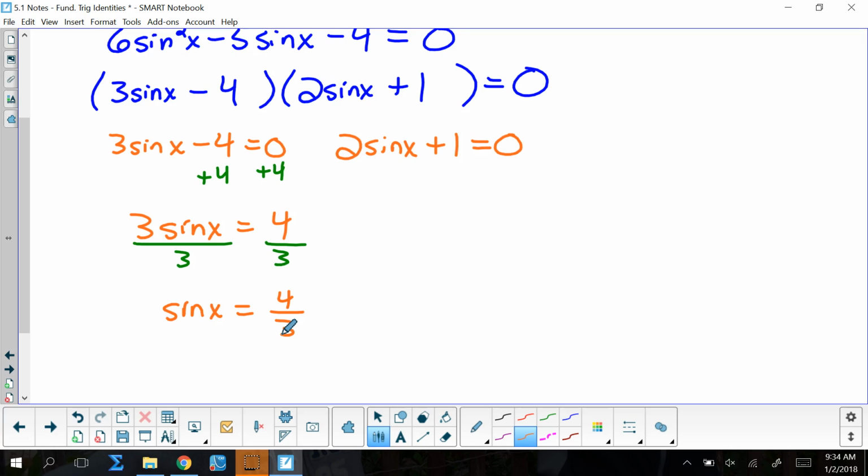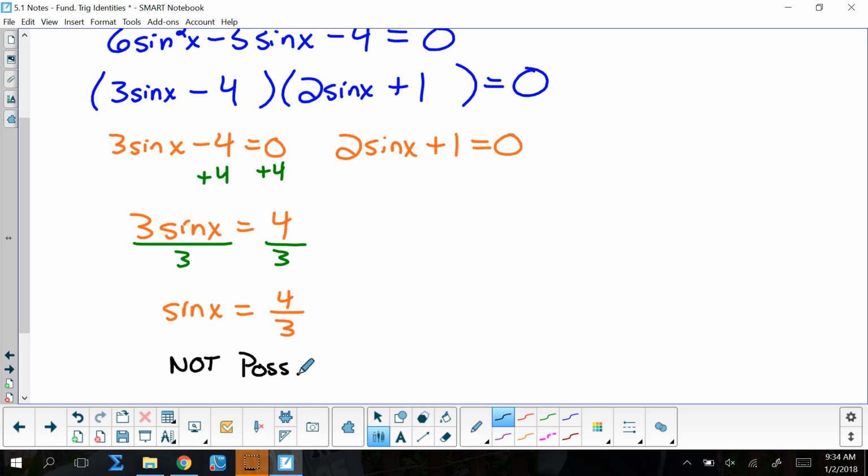What's the smallest sine can get? Negative 1. Okay? So sine has to be between negative 1 and positive 1. 4/3 is 1.3, which is outside that acceptable interval. So this one is not possible.